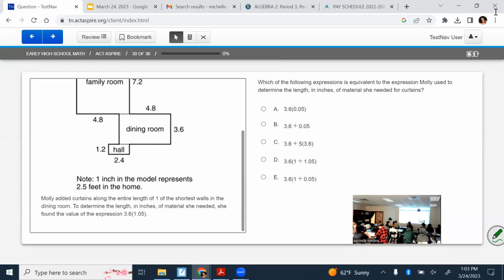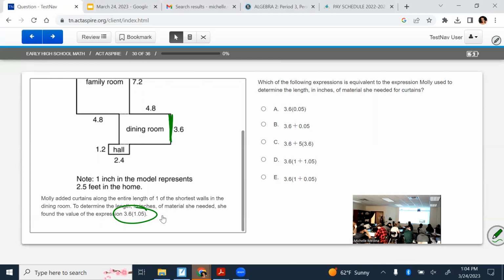All right, so Molly added curtains along the entire length of one of the shortest walls in the dining room. To determine the length in inches of material she needed, she found the value of expression to be 3.6 times 1.05. So it wants to know which one is equivalent to the expression she used.